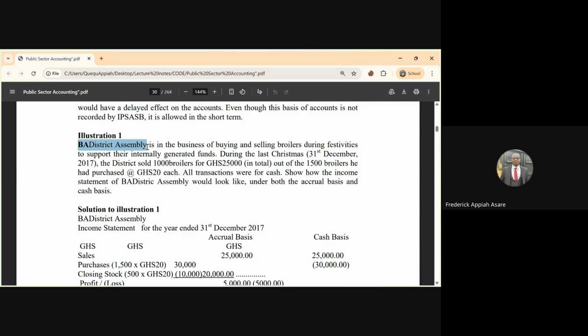You know, a district assembly is a public sector institution. The business they are doing is buying beds for the festive occasion. They are saying that during last Christmas, 31st December, the district sold 1,000 beds for 25,000 cedis, out of 1,500 beds purchased. So they actually purchased 1,500 at 20 cedis. So 1,500 times 20 cedis is the purchases cost. That is why they did purchases here. Have you seen it?